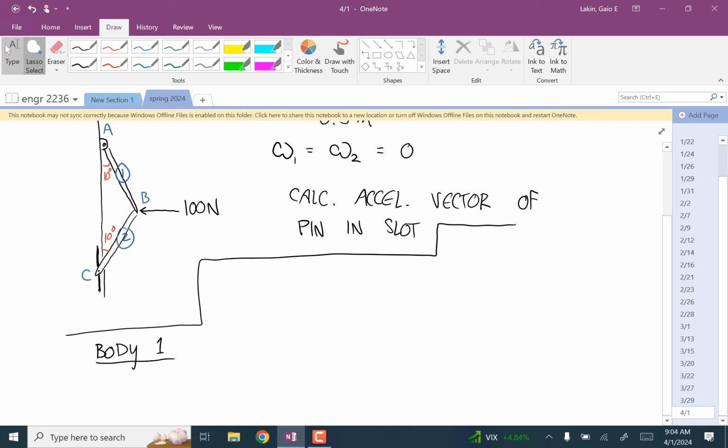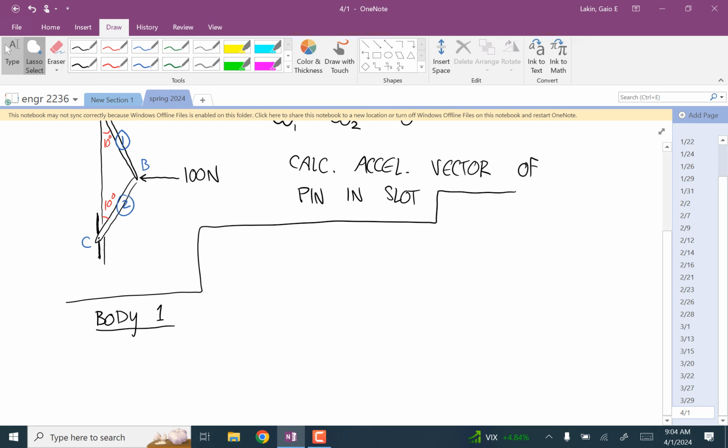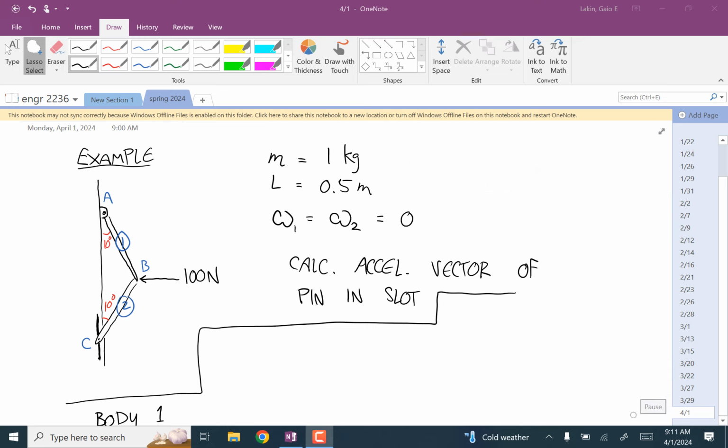So body 1. Well, instead of me just going through this, let's do it the way we did last time. So we'll do it piece by piece, and I'll let you work on these things. So go ahead and do the rigid body analysis of body 1.